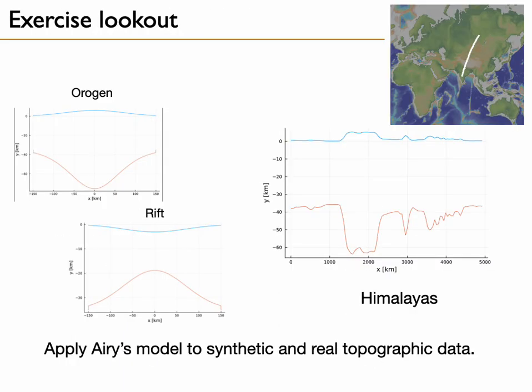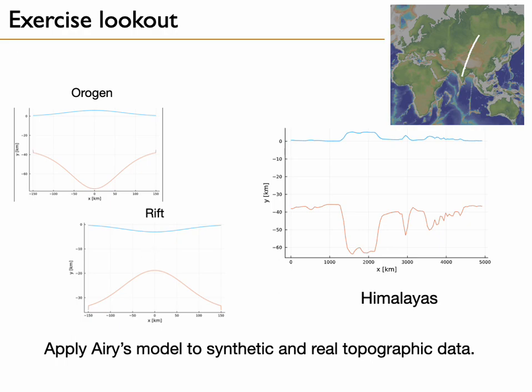So this you will use in the exercises, and the exercises are pretty interesting because you would get to use topography from synthetic orogens and topography of synthetic rifts, and your aim will be to try to predict the morphology of the underlying Moho.